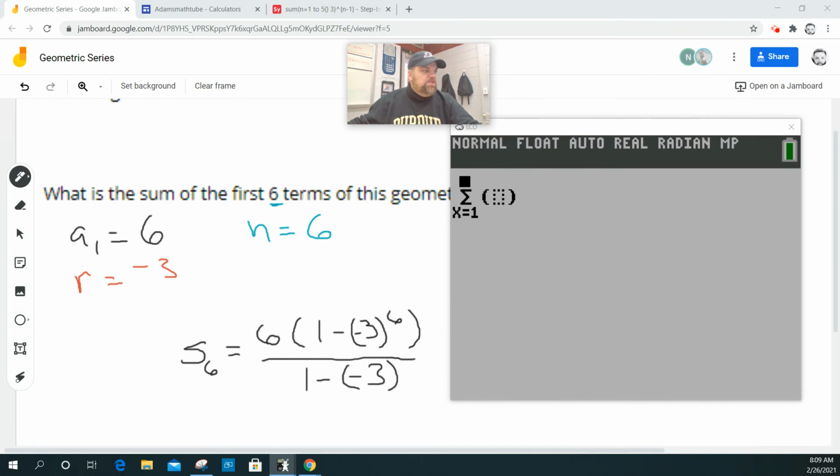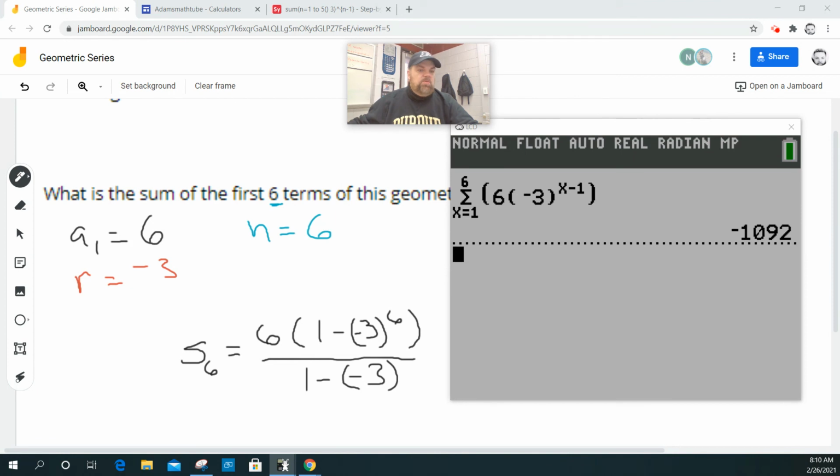My upper boundary is going to be 6. My first term is going to be 6. Then my common ratio is going to be -3 raised to the x minus 1. Close out, hit equals, I got -1092.